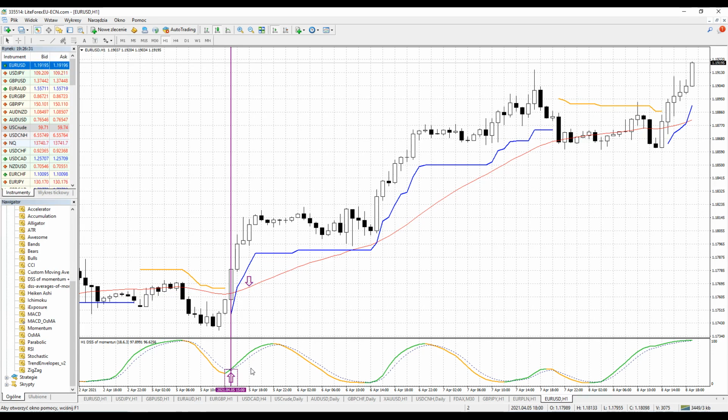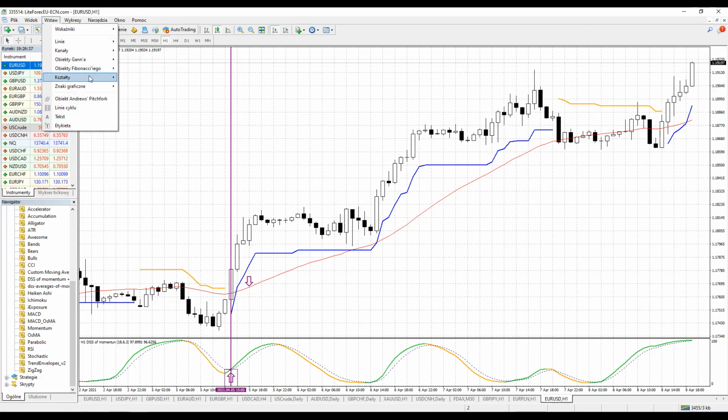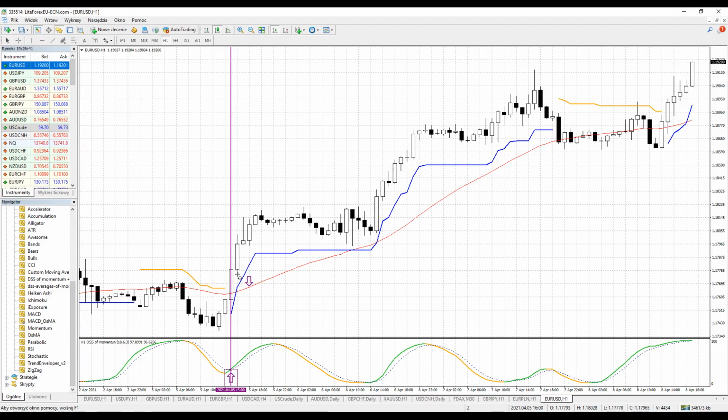In that case, we are entering at the very next candle. At the open of that candle, that's going to be our entry. The distance of the stop loss is around 20 to 25 pips.